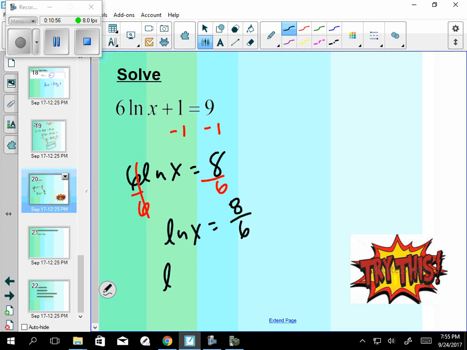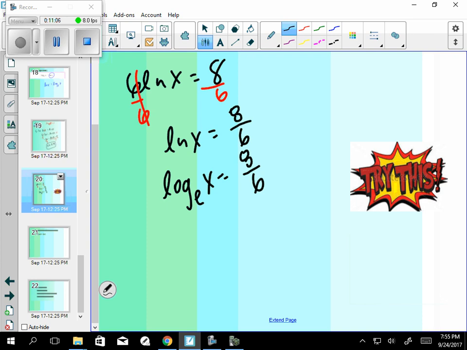Log base e. So let's apply that to this problem. If you really think of this as log base e, then to solve that, you're changing it into exponential form, which would be x equals e to the 8/6 power. So if you evaluate that on your calculator, that should solve it. Another way to think of it, if you got ln here, how do you undo that?